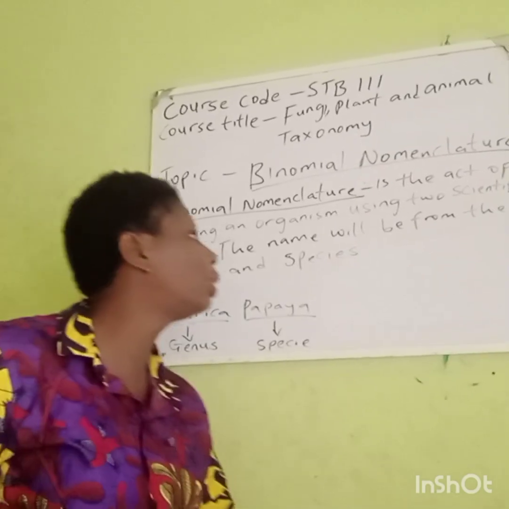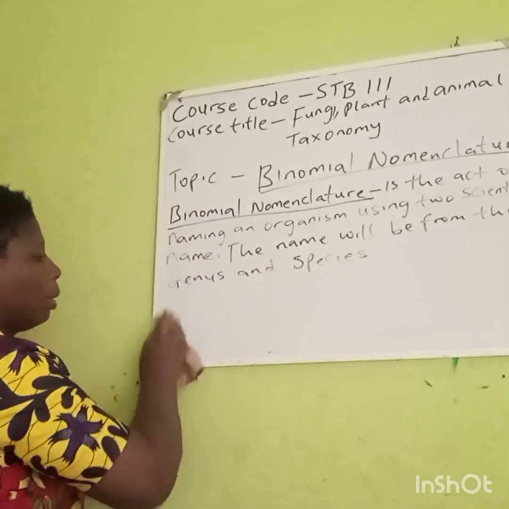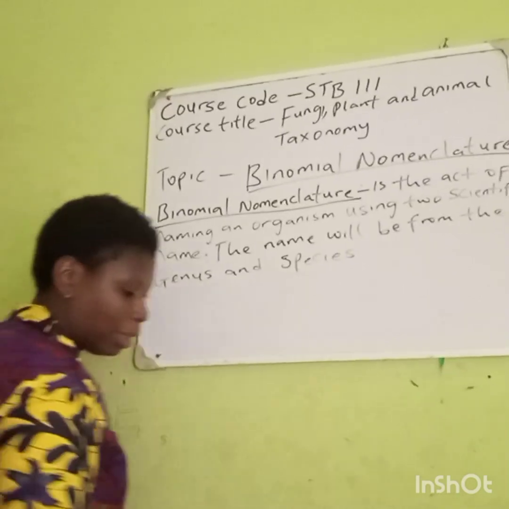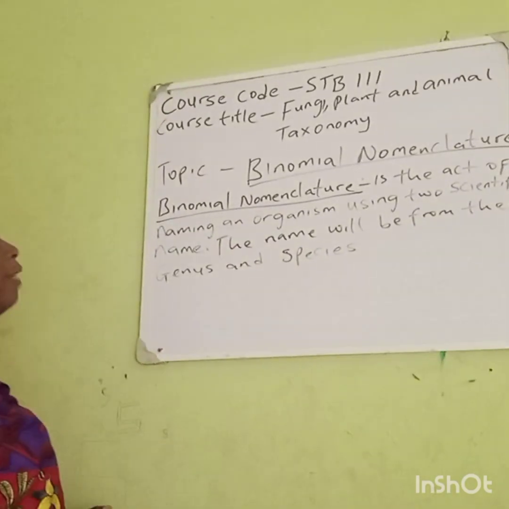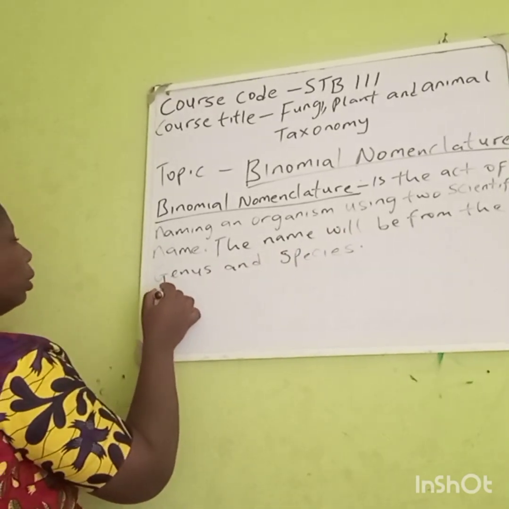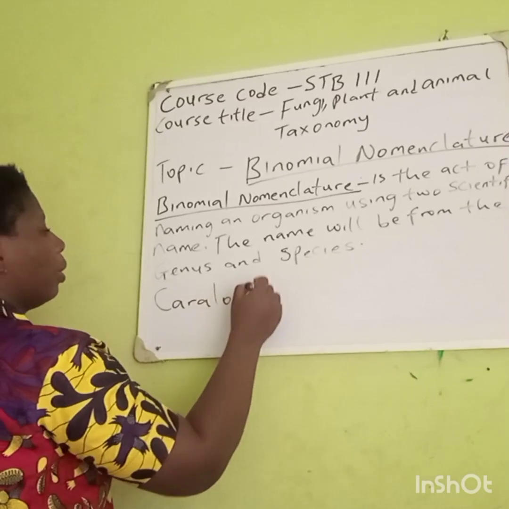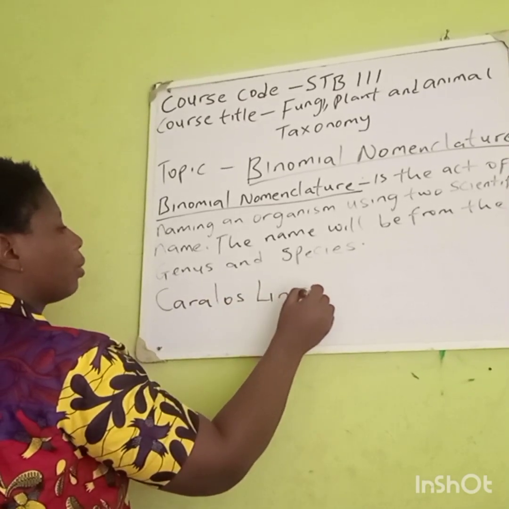So let us continue. There is one famous scientist that developed this binomial nomenclature. He is called Carolus Linnaeus.